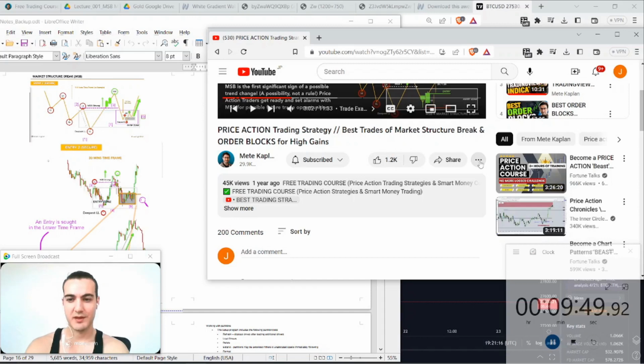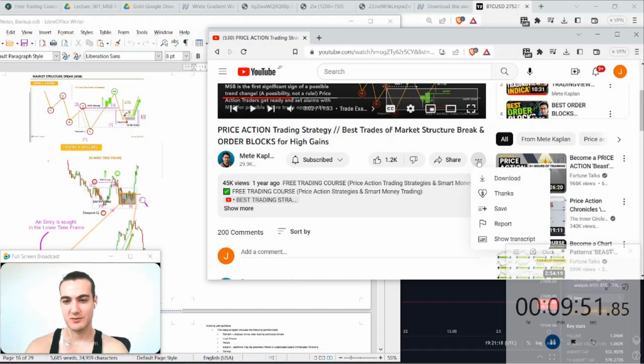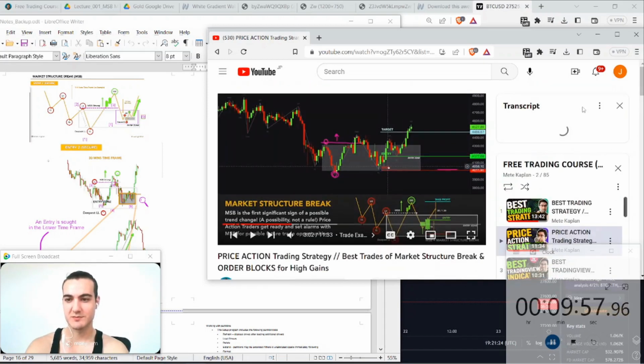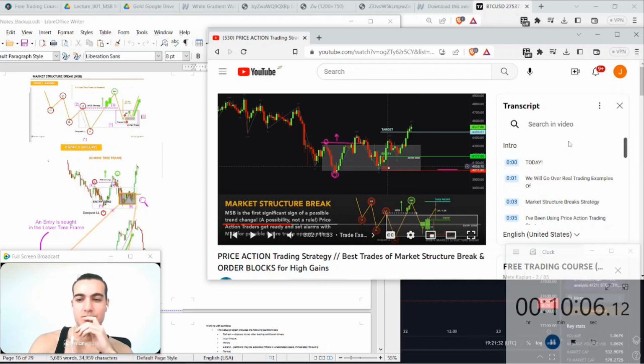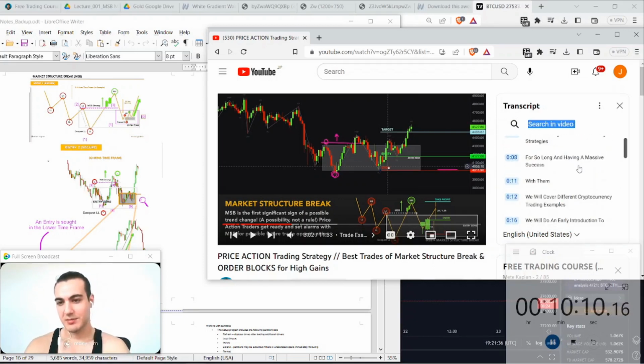Let's bring up a copy of the transcript. If you don't know how to do that, you can click on the 3 dots next to the share, show transcript, and that'll bring it up here. And it'll have timestamps and everything that you can use. And what I like to do is I copy the whole thing.